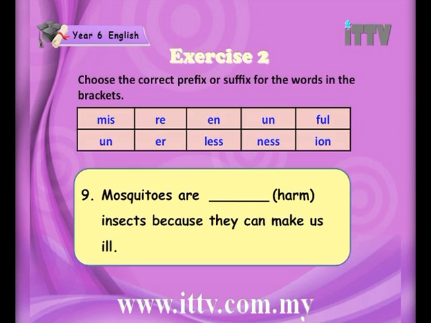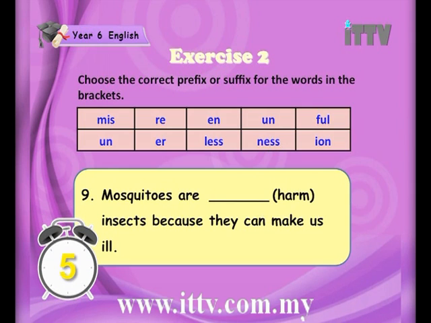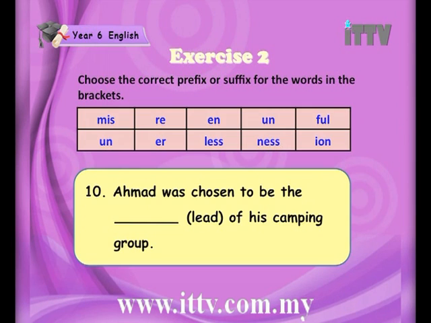What prefix or suffix can you add to the word harm to give more meaning to the sentence? Number 10. Ahmad was chosen to be the lead of his camping group.